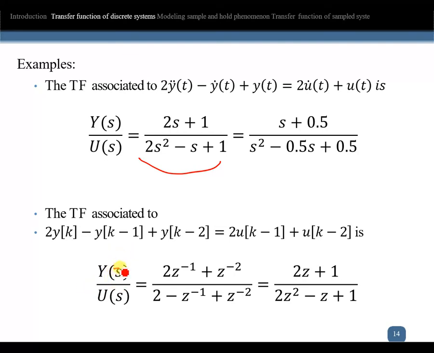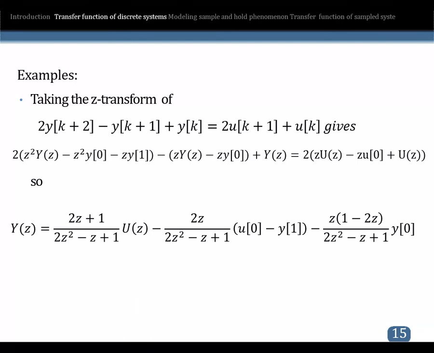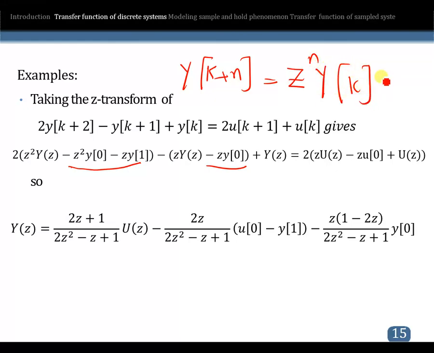Here, sorry, this is z, not s. Taking the Z transform by considering the initial values, you add this part, but I can tell you that for y(k plus n), you can use only z to the power n times Y(z), using the bilateral transform of the system.